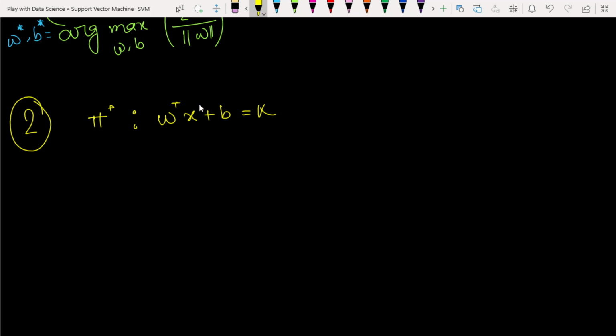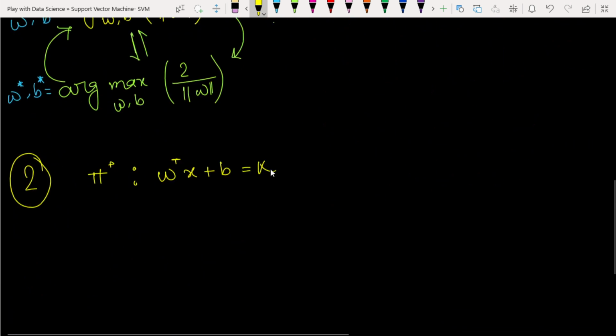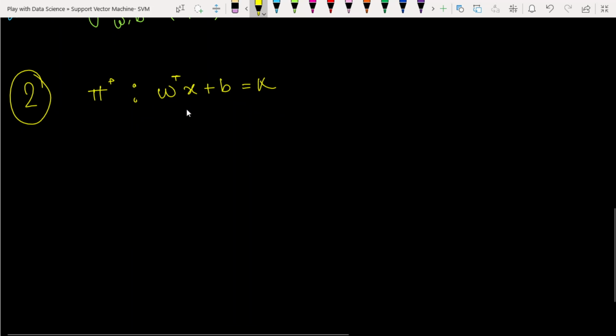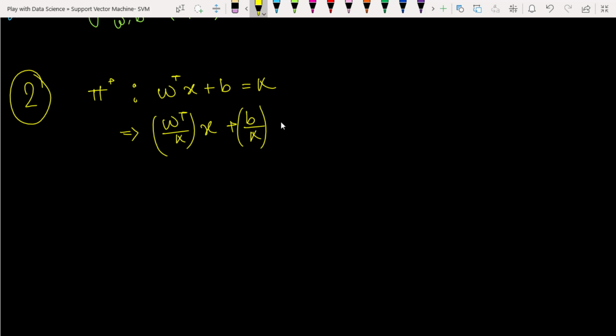Let's take this, and I am just dividing this by k, so it equals 1. Here w transpose is a vector and k is a simple scalar.